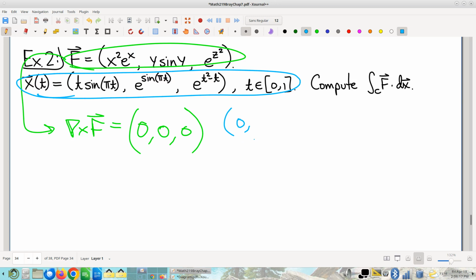0, 1, 1, and then it ends at 0, 1, 1. How about that? This curve starts at a point and ends at exactly the same point. Now that's just arithmetic. That's just plugging in, right? And again, you can think about this geometrically, or you can think about this diagrammatically.